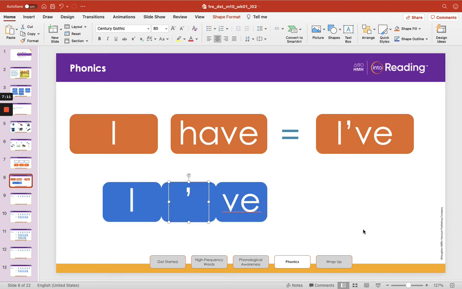Just like that. One job an apostrophe can do is to signal that the word is a contraction. So I have equals I've. I've means I have. I took the words I and have, and I replaced the H and A with our mark called the apostrophe. I've.